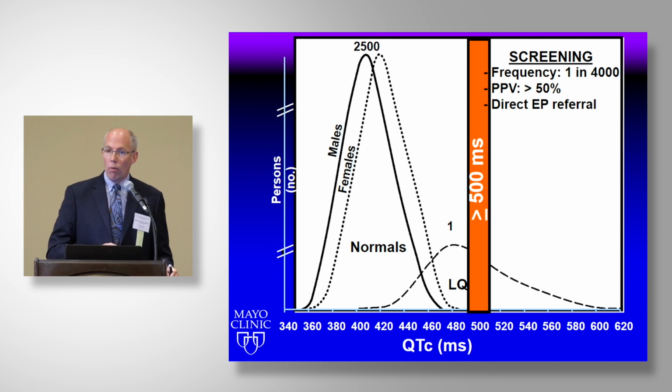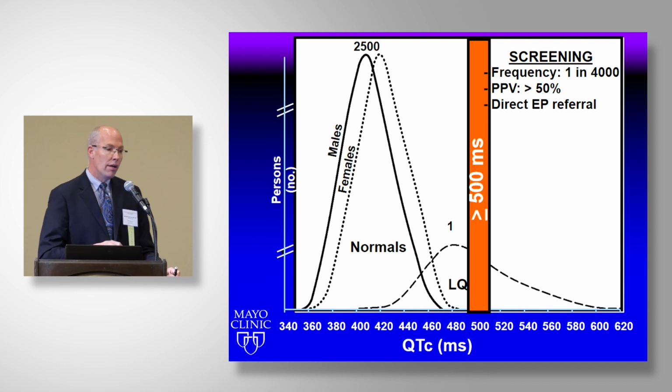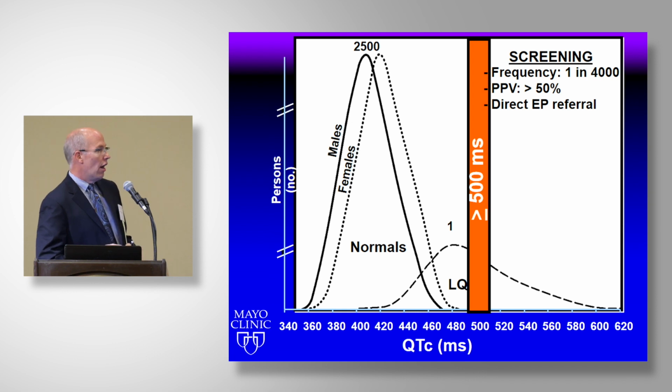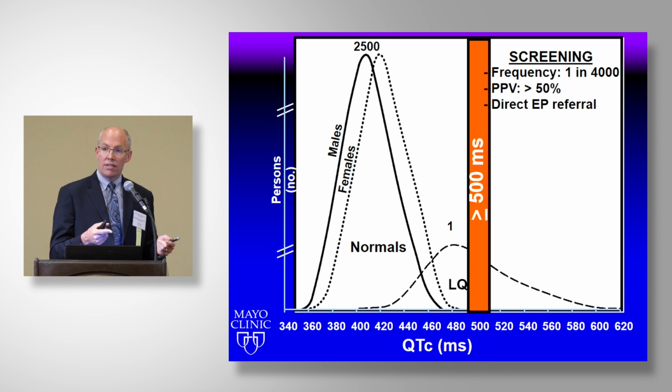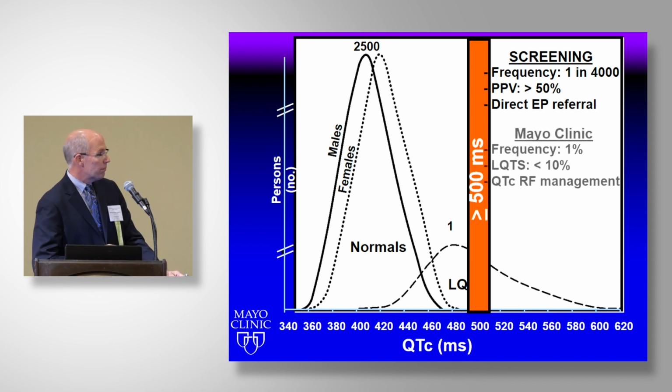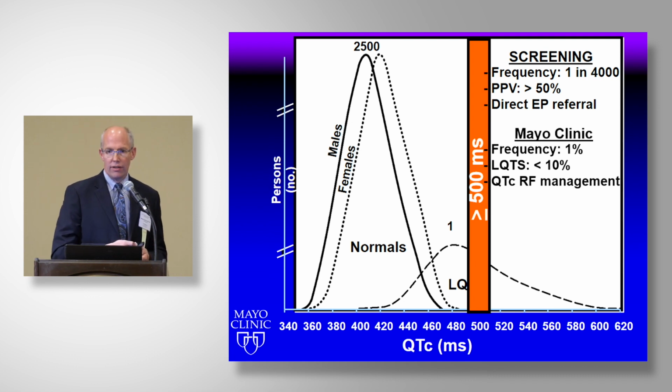And we make everybody aware that that person might be at increased risk of a QT-related arrhythmia, or it may just represent somebody who is not a healthy host. And we actually see a 500 in 1% of all of our ECGs.